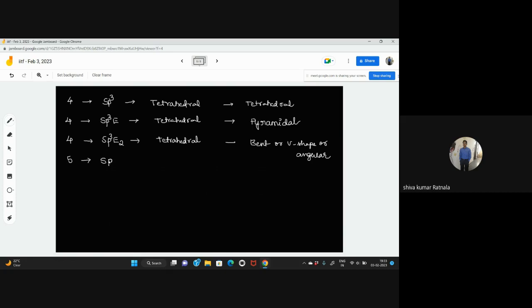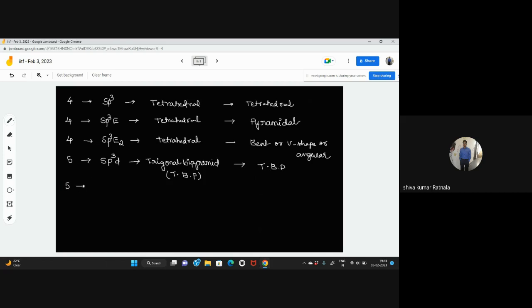It will not be there, because the p orbital has only three orbitals, three boxes. Geometry is trigonal bipyramid, which I am going to represent as TBP, and the structure also remains TBP only.